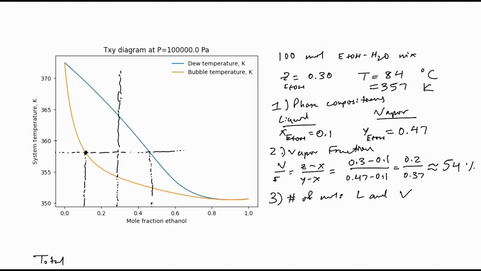This means we have about 46 moles liquid and about 54 moles vapor.